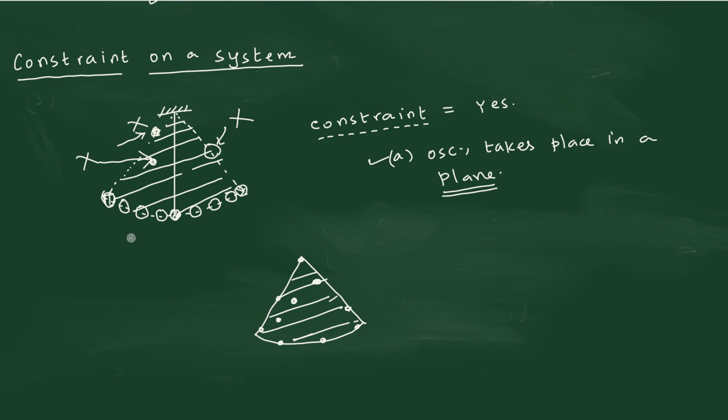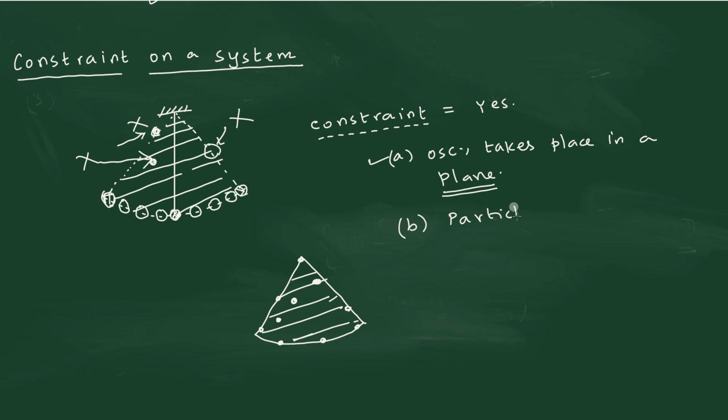And therefore, it means that the restriction that you are going to impose is much stronger than what you have written. So oscillation is taking place in a plane. Yes, that's fine. But even more restriction is going on in the system. So what is that restriction? The answer is that the bob, or let me generally write, instead of bob, a particle.